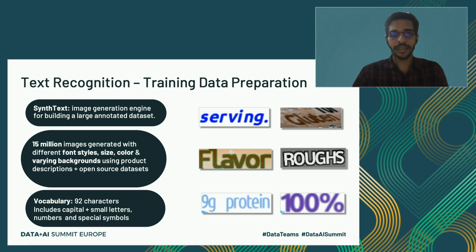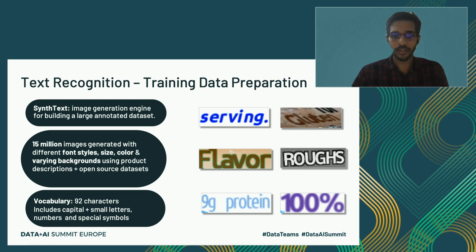Given plain text, such as a description or a product title, we sample unigrams and bigrams. We take one word at a time or two words at a time and synthetically create an image out of it. We created around 15 million images using the product titles and descriptions, and a lot of variations during the text image generation were included in the data set.